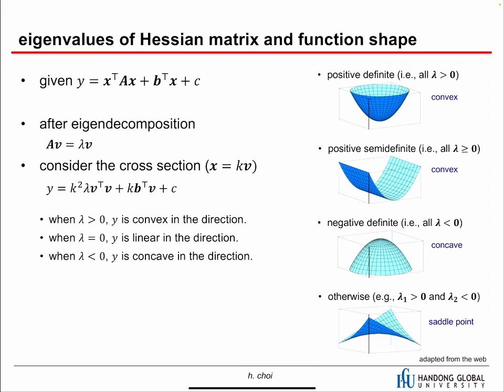Given a function like this, in the previous slide we approximated our function with the second order term. So this one is our approximation. And in the approximated function, we have a second order term and the first order term.